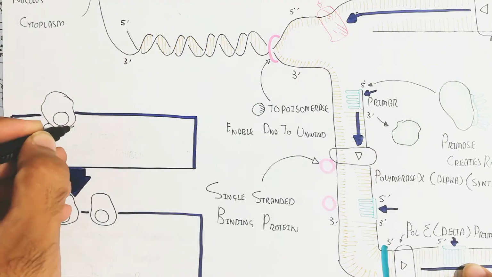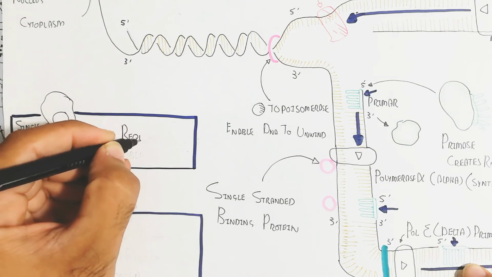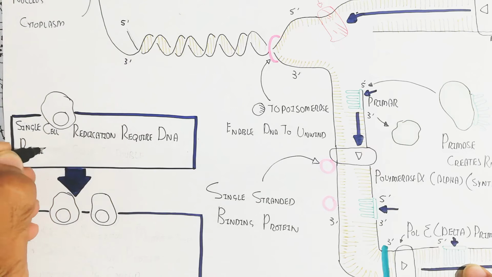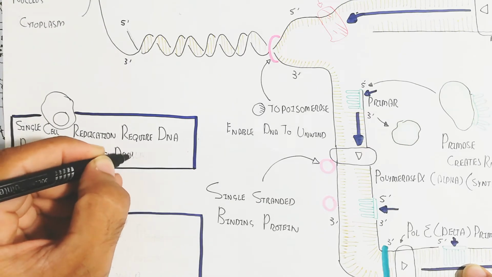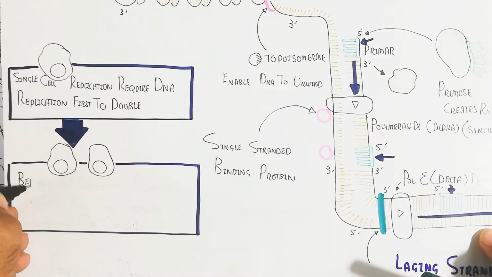So in a single cell, DNA replication is required first, to double the DNA. After this comes karyokinesis, and after karyokinesis, cytokinesis occurs. Cytokinesis means the whole cell divides after the replication of the DNA.